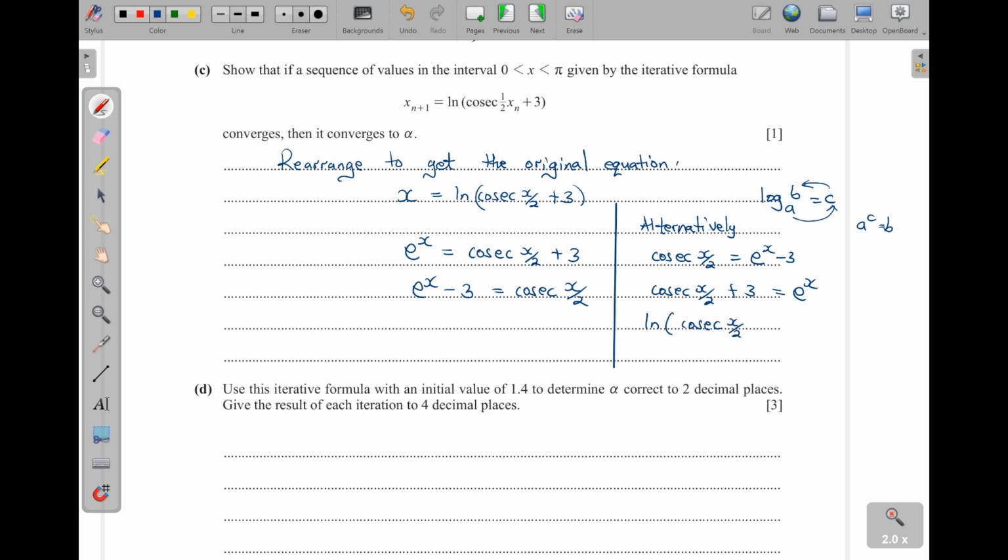Cosec of x over 2 plus 3 is equal to the natural log of e to the power of x. Automatically, this one will go down, and natural log of e is 1. So we shall have natural log of cosec of x over 2 plus 3, which is equivalent to x. So either way, you get it.